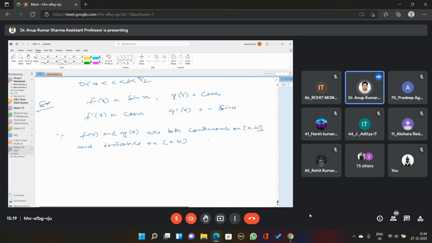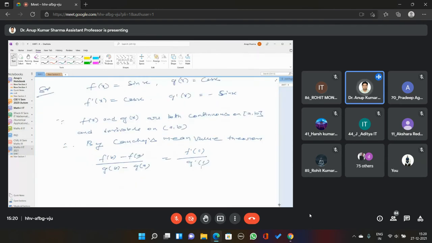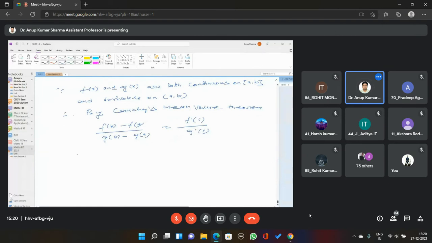Therefore, by Cauchy's mean value theorem, (f(b) minus f(a)) upon (g(b) minus g(a)) is equal to f dash of c upon g dash of c. Already c is defined in the given interval.